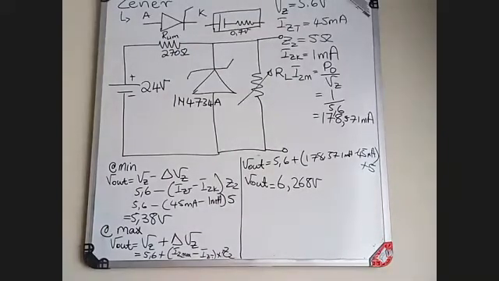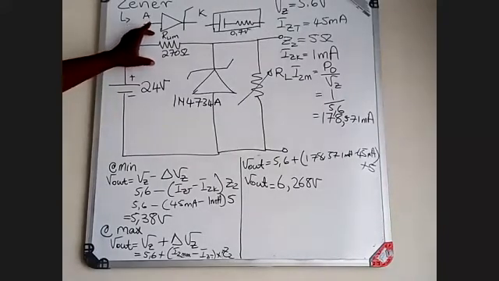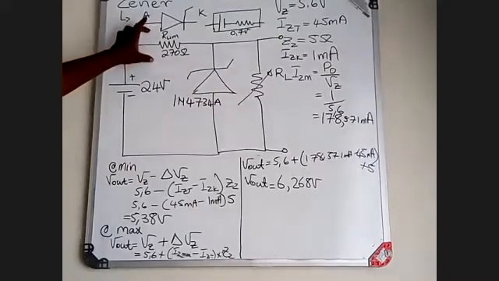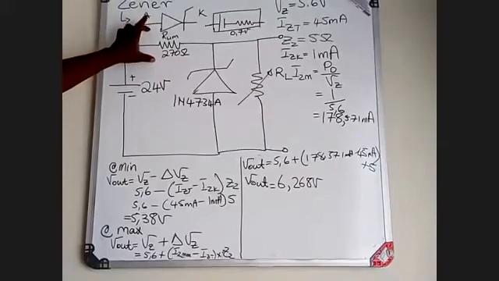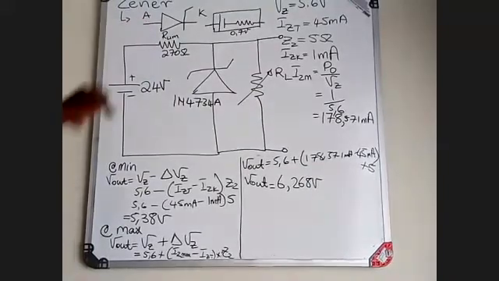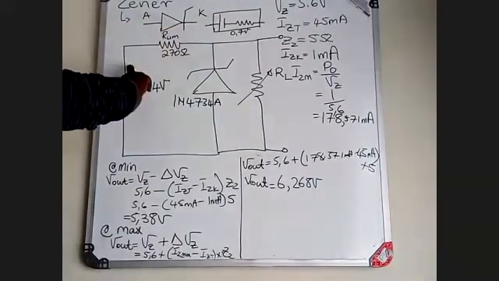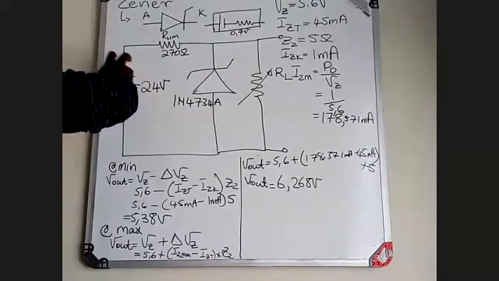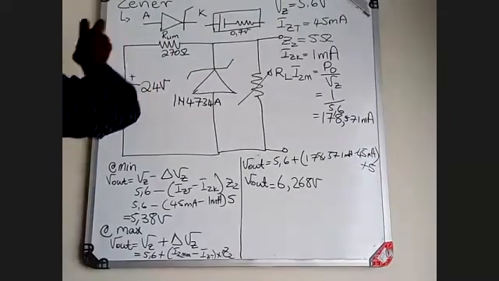Now, once you find your maximum output voltage, then in a condition whereby this is not given, because this will give us the maximum current that is drawn from the supply.